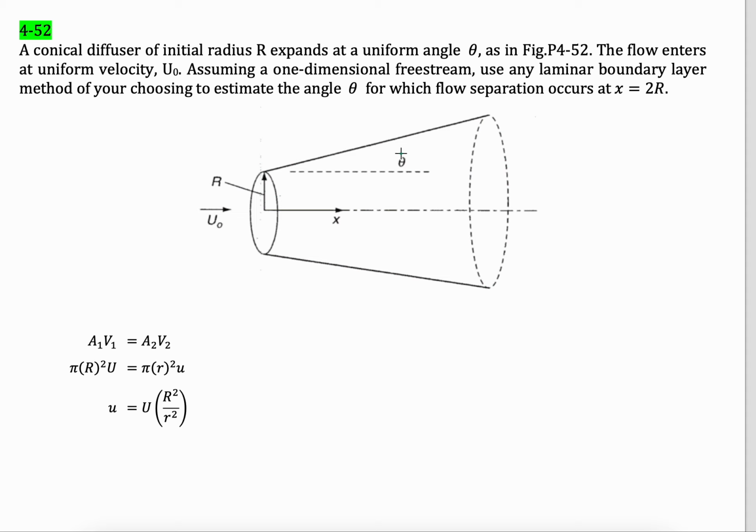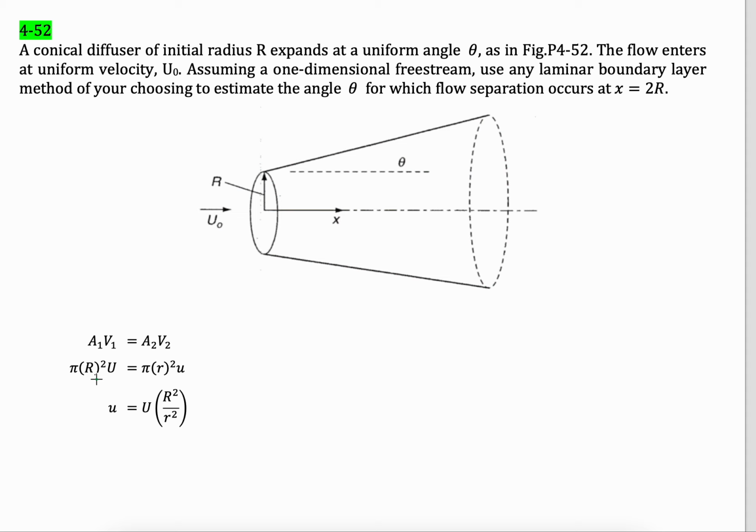It expands at a certain angle. First we need to determine the velocity profile. The velocity profile can be determined using this idea: the flow rate at inlet and outlet must be the same. We don't know whether it is compressible or incompressible, so to ease the calculation we assume incompressible fluid, and just equalize the flow rate at inlet and outlet.